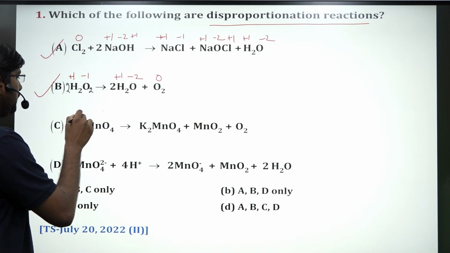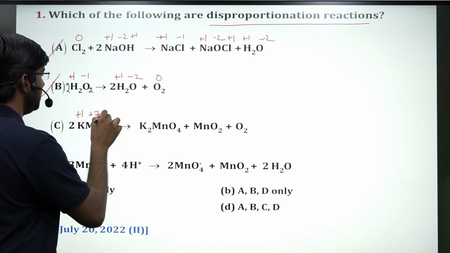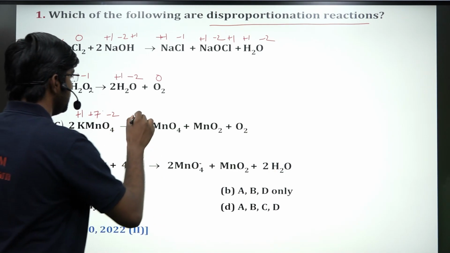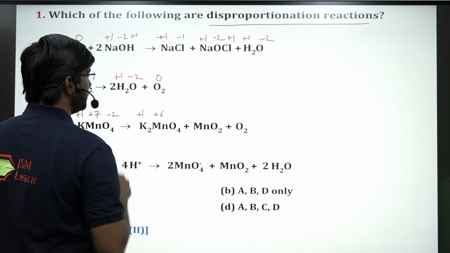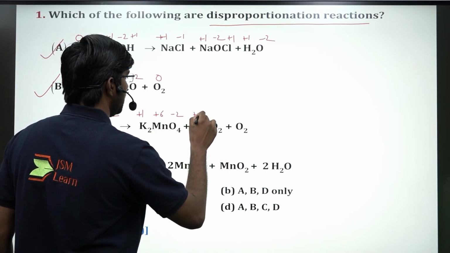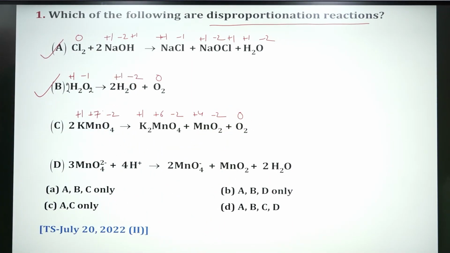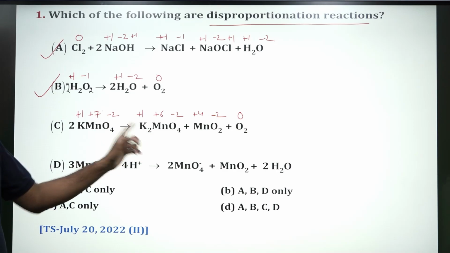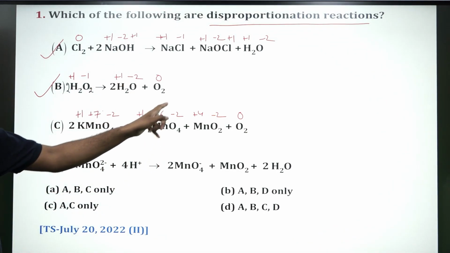Next here KMnO4: potassium +1, manganese oxidation state +7, oxygen -2. So here potassium +1, manganese +6, -2, and here manganese +4, -2, 0. See here, the potassium oxidation state remains the same on both sides, and manganese goes from +7 to +6 and +4.